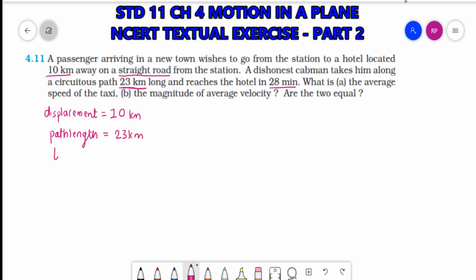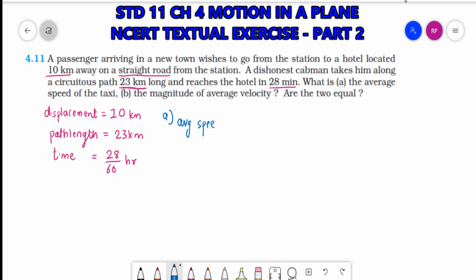The time taken is equal to 28 minutes. That means 28 by 60 hours. Okay, so the first one, that is A, average speed.